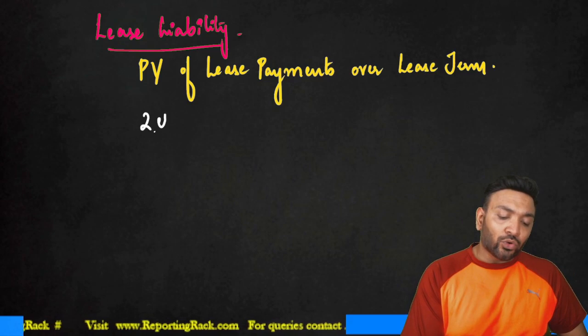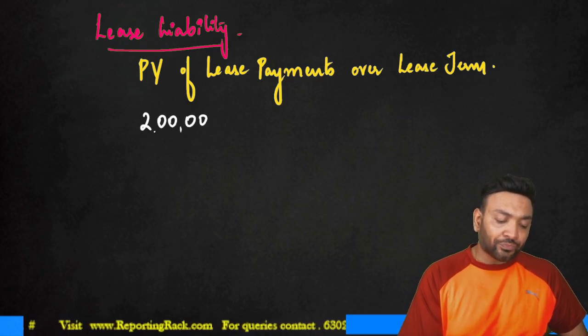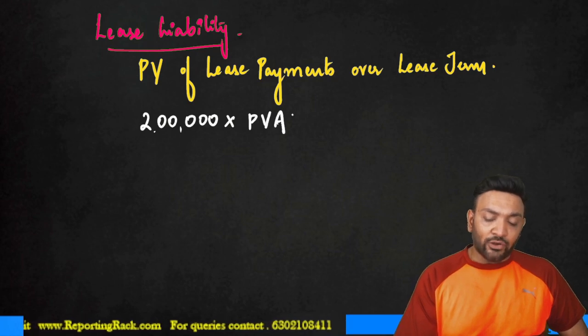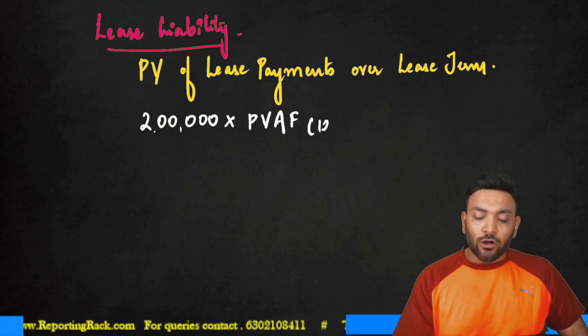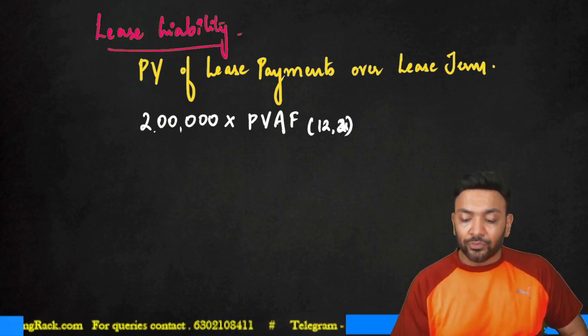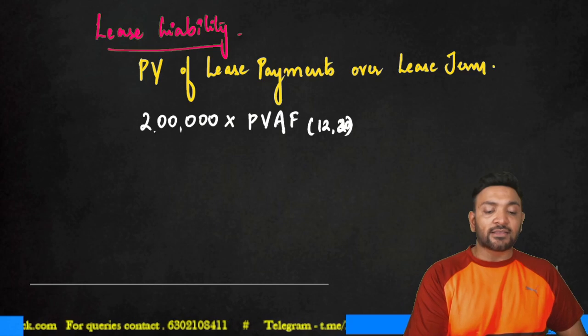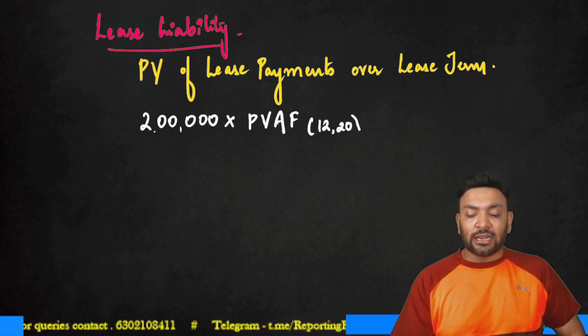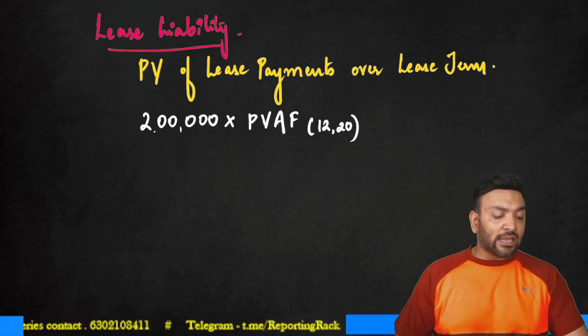Calculate 2 lakhs into the present value annuity factor of 12%, 20 years. Not 3 years, 20 years. 12% is the rate given in the question over 20 years.